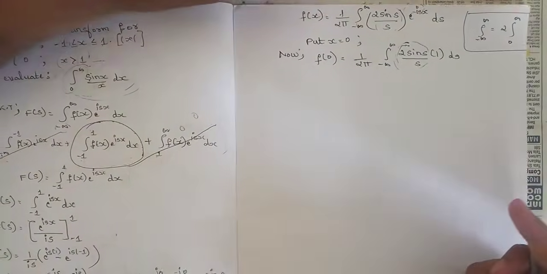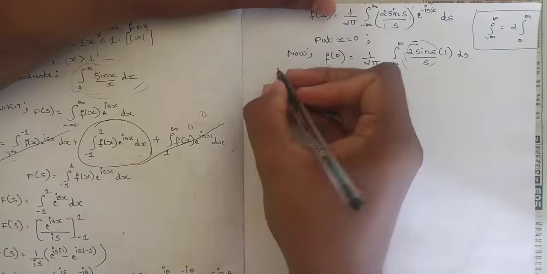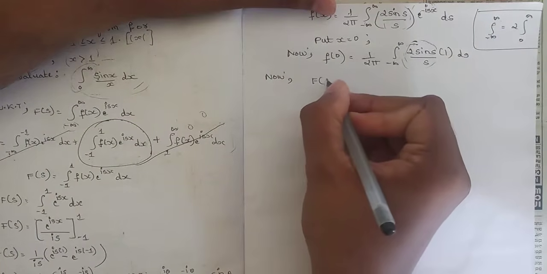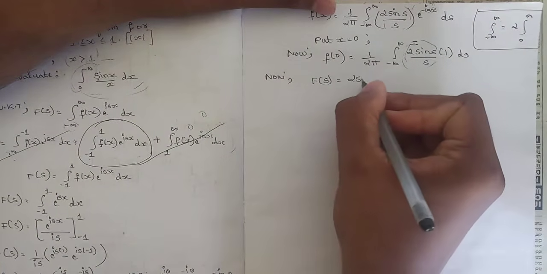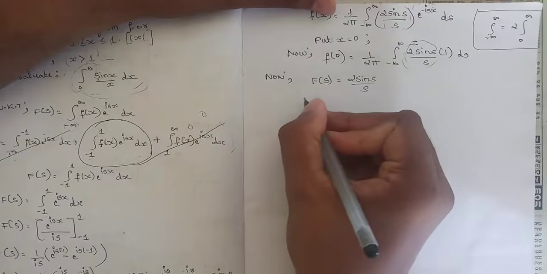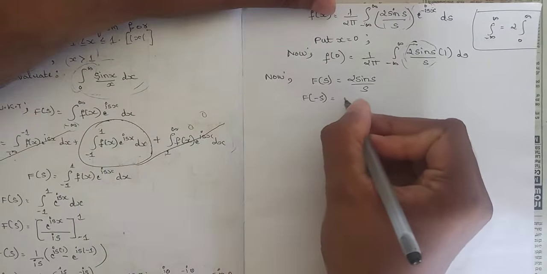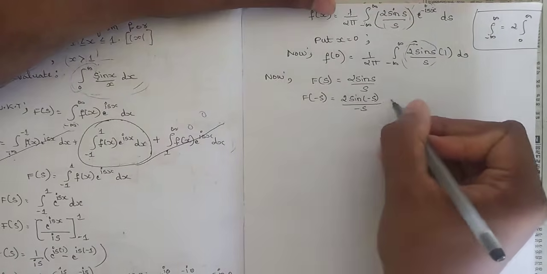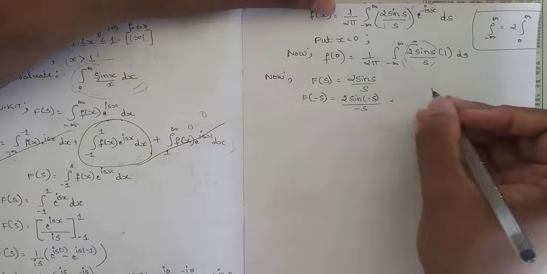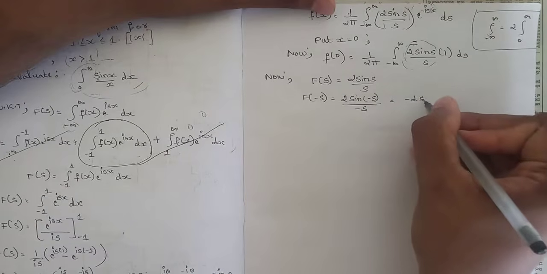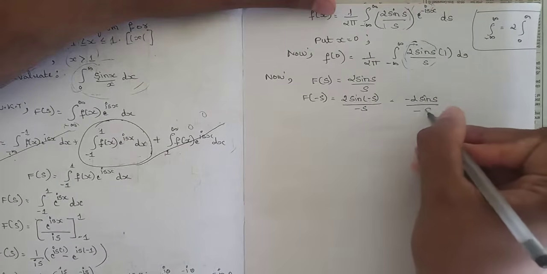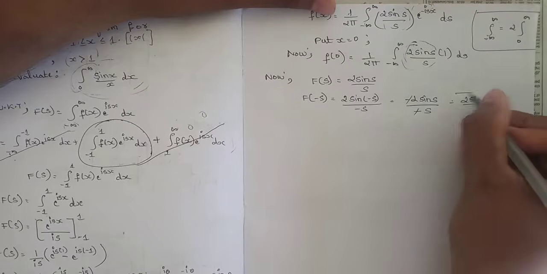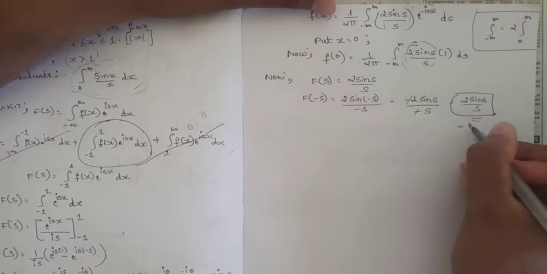So now let's put f of s equal to 2 sin s by s, right? Now let's consider f of minus s, that is 2 into sine of minus s divided by minus s. Sine of minus s is equal to minus sine s, right? So it becomes minus 2 sine s by minus s. The minus minus gets cancelled, so it equals 2 sine s by s, that is nothing but f of s.